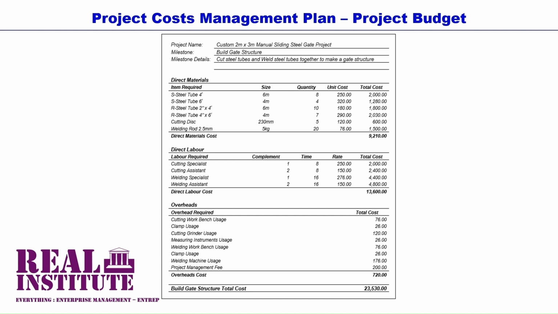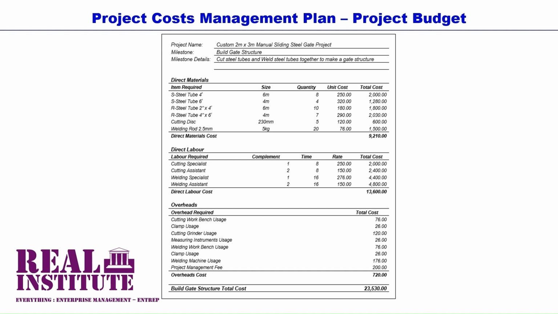Then a cost of 1,800 is for 10 2-inch by 4-inch rectangular steel tubes of 6 meter length, where a single rectangular tube costs 180, and therefore 10 tubes will cost 1,800.